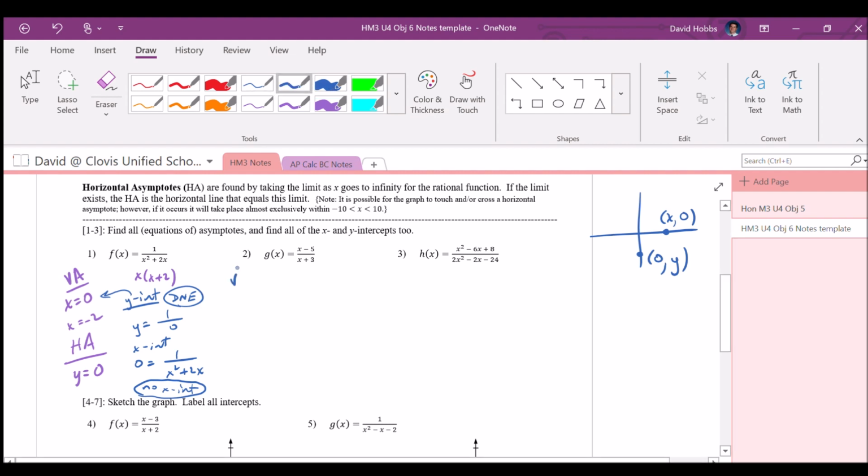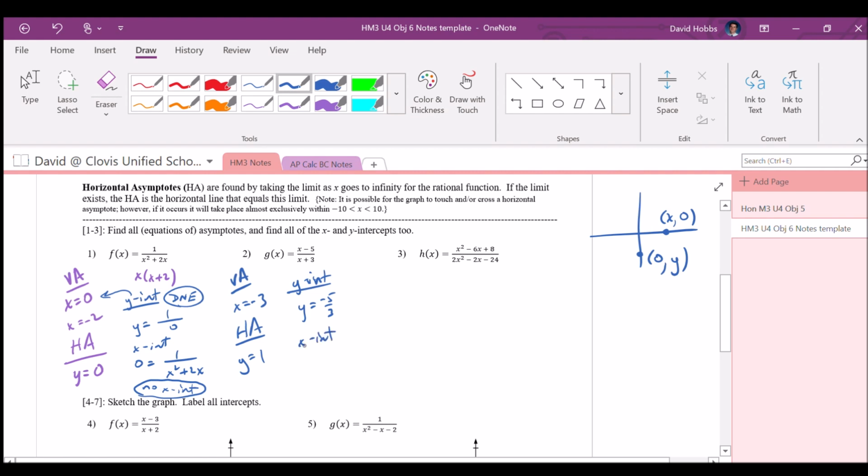Okay, vertical asymptotes. Zeros in the denominator. Negative 3, x equals negative 3. Horizontal asymptote, limit as x goes to infinity. It's equally weighted, 1 over 1, y equals 1. Okay, y-intercept. Okay, x's are 0, so y equals negative 5 over 3, so 0, negative 5/3.